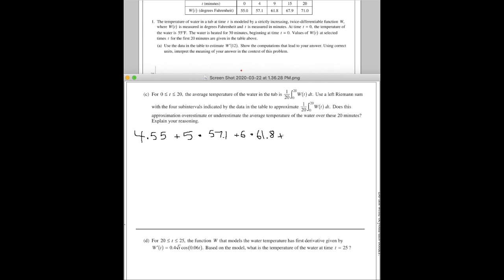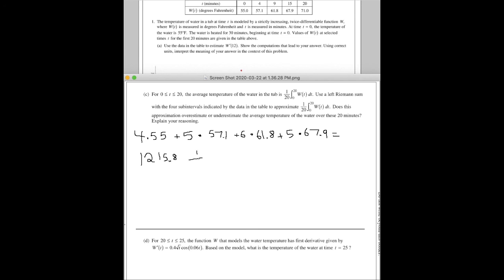And then our last one, we're going to do 5 times 67.9. And when we calculate that, we're going to get 1,215.8.